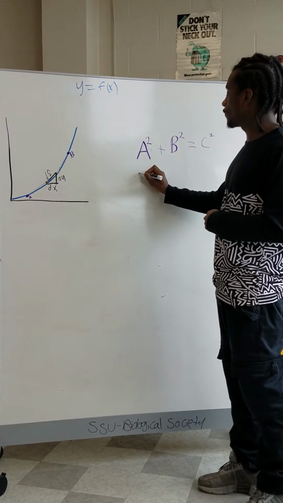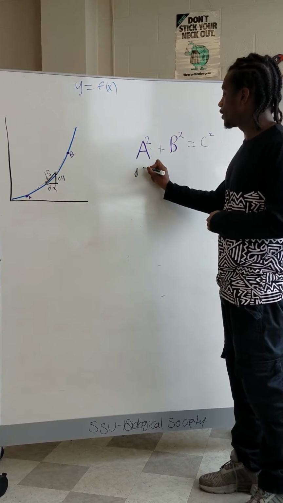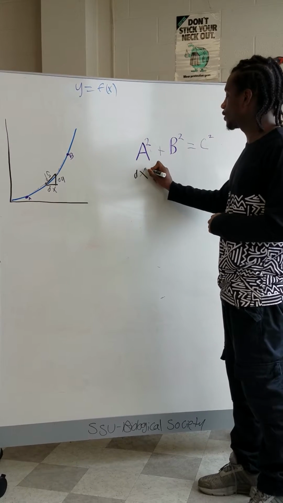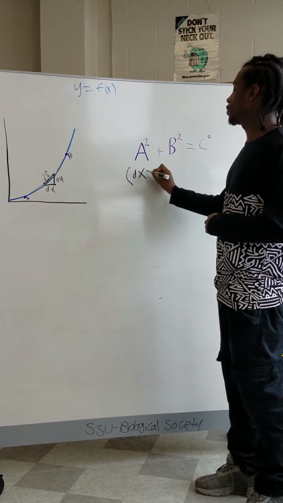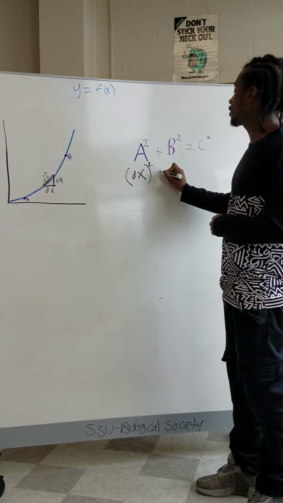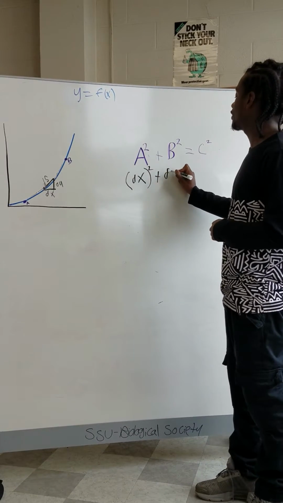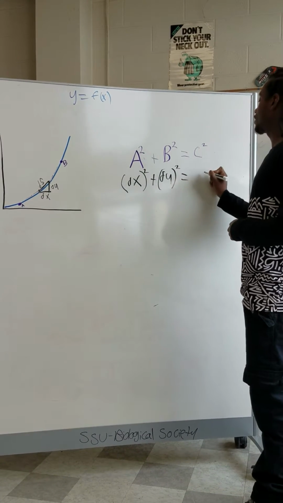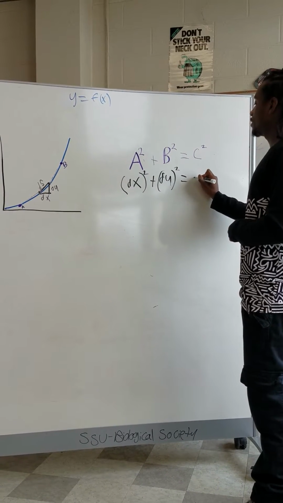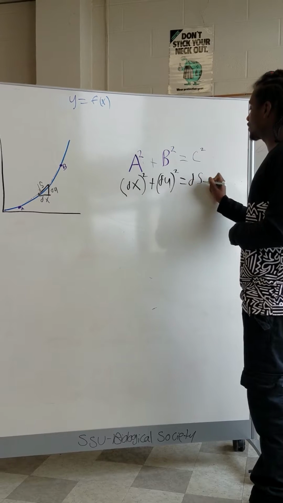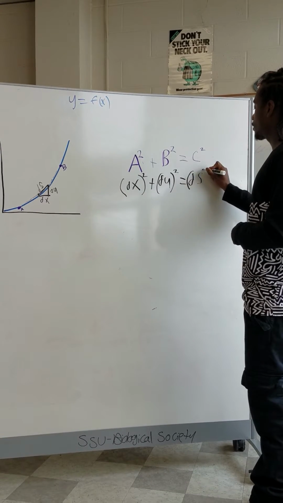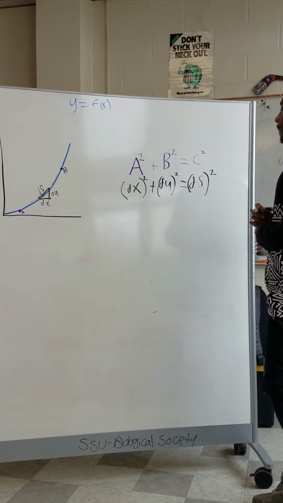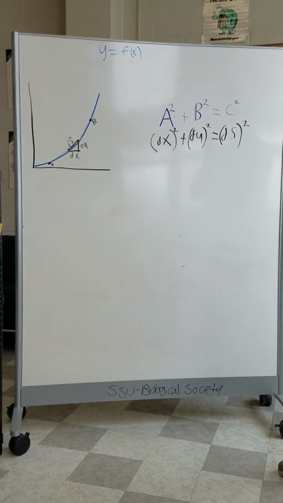So our equivalence in this particular equation would be dx squared plus dy squared is equal to ds squared.